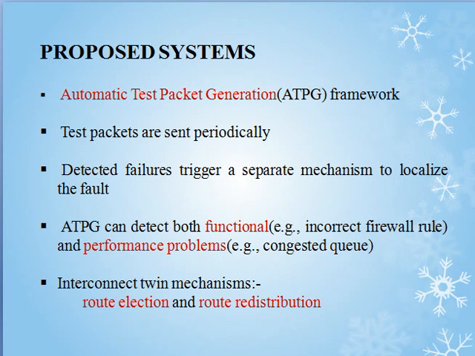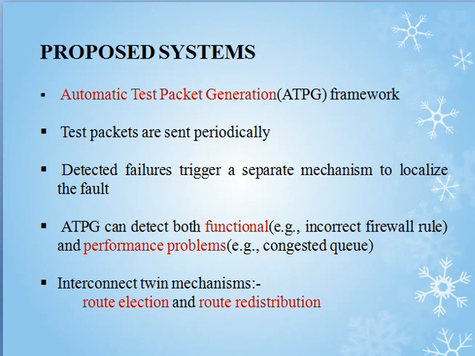ATPG can detect both functional and performance problems. ATPG detects incorrect firewall rules and congested queues, which occur in performance problems. A widely used alternative to interconnect routing instances relies on the twin mechanisms of route election and route redistribution. This is developed by the routing protocol.